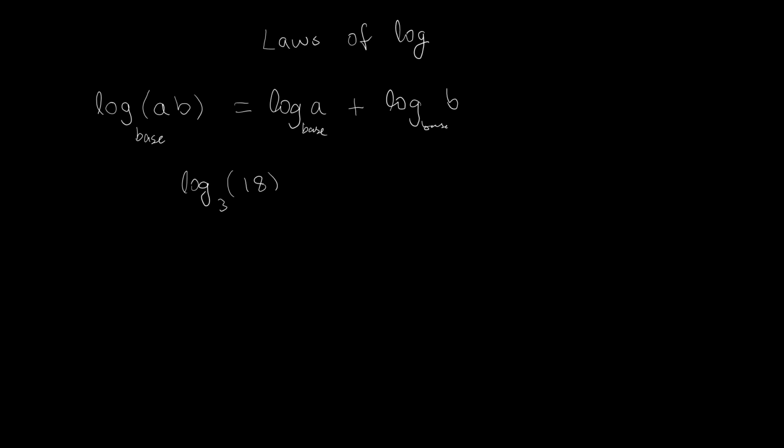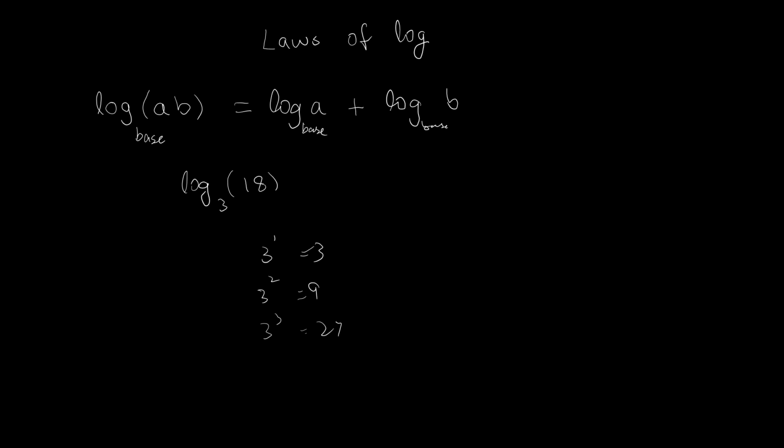Now you know that if it was 9, the answer would be 2, but you're not sure for 18 because no integer power of 3 gives you the answer as 18, right? Because 3 to the power of 1 is just 3, 3 squared is 9, and 3 cubed is 27, so 18 is not there.